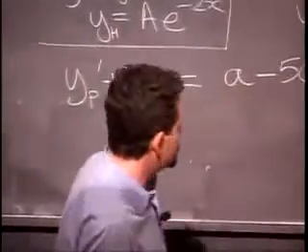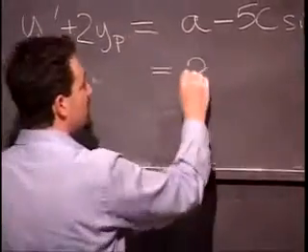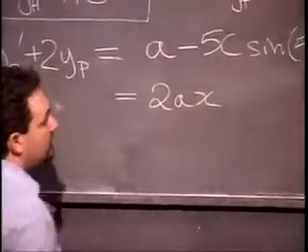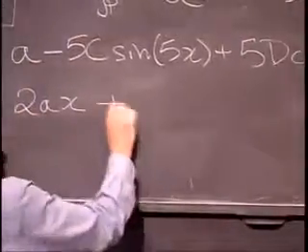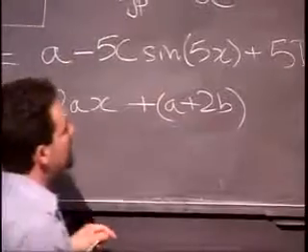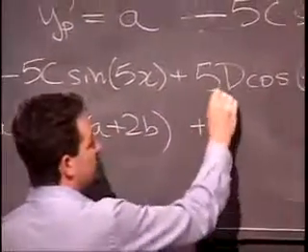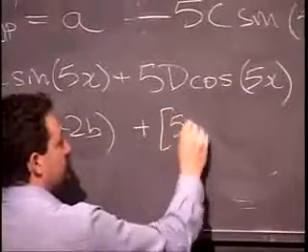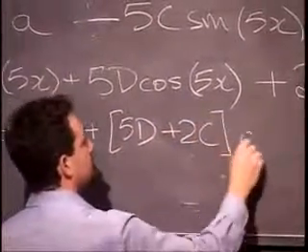All right, let's group similar terms. The x term is just 2ax. The constant term is a plus 2b from over there. The cosine term first: it's 5d plus 2c from there.